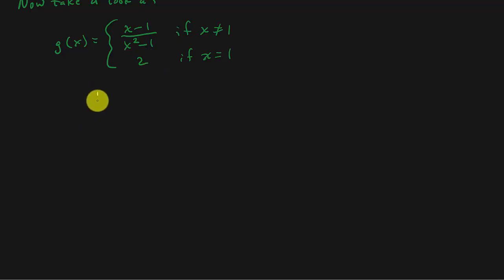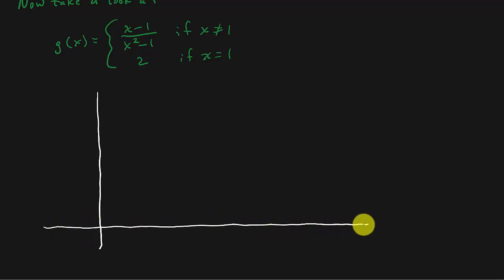Let's see what this graph would look like. For this function, you may have to get a calculator or some computer software to graph it to know what it looks like. If we're here at 1, and we've got a y value of 0.5 here, there's going to be a hole right here, and the graph is going to do something like this.